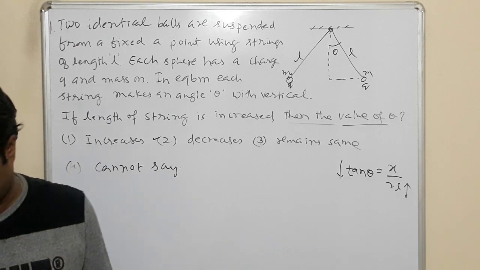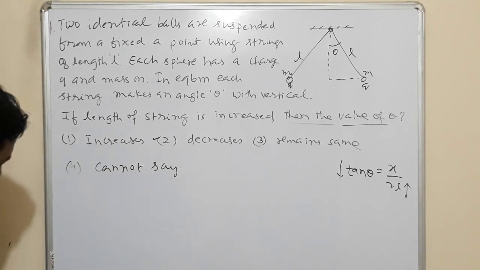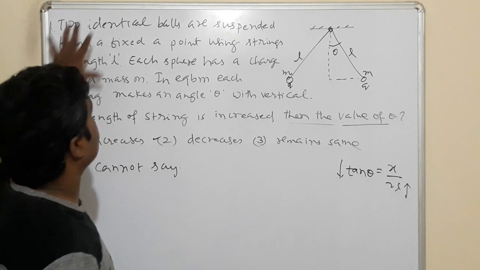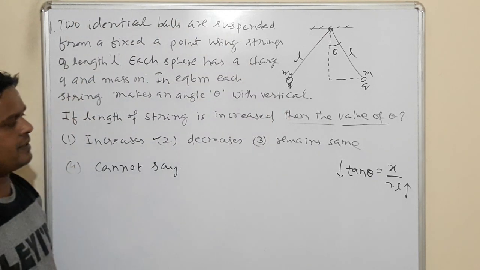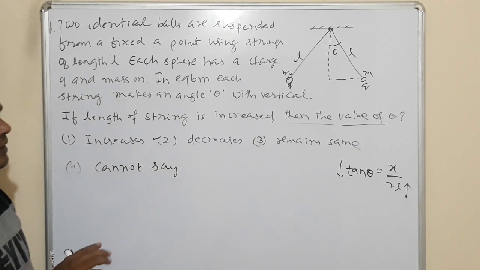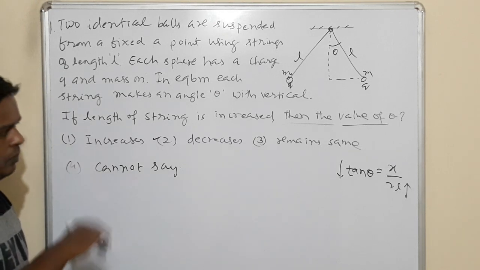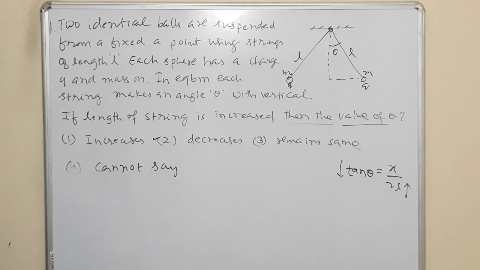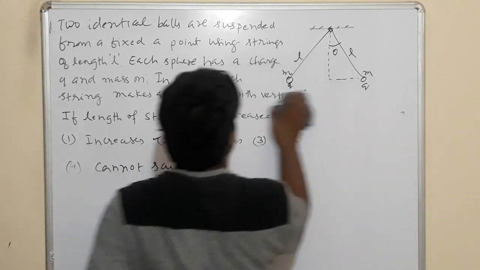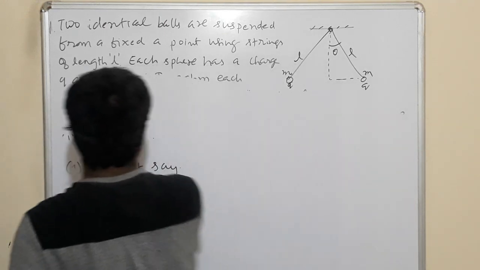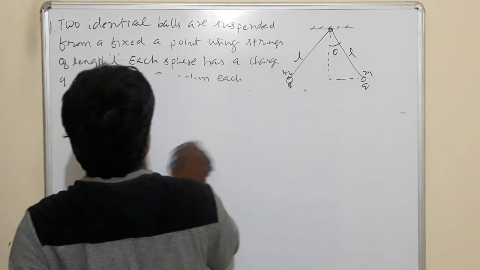Another few questions we'll solve where we'll use the concept that we have studied. Tan theta is equal to what? Tan theta is x by 2L. Make a note of this question. Same situation is there.